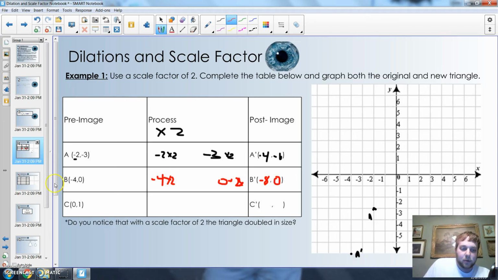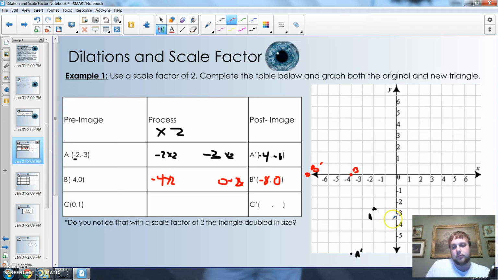So original B is at negative 4 and 0, right there. And then B prime is going to be negative 8, 0, right around there.